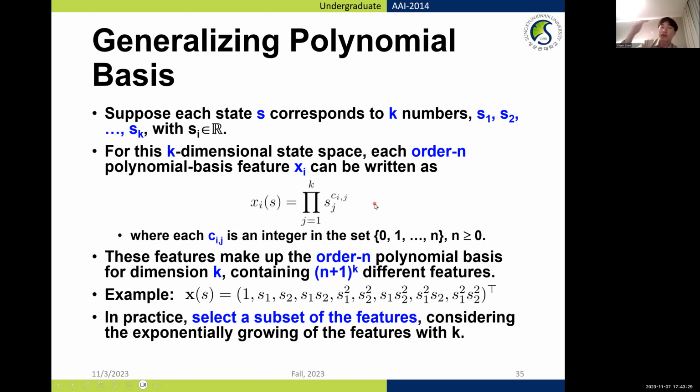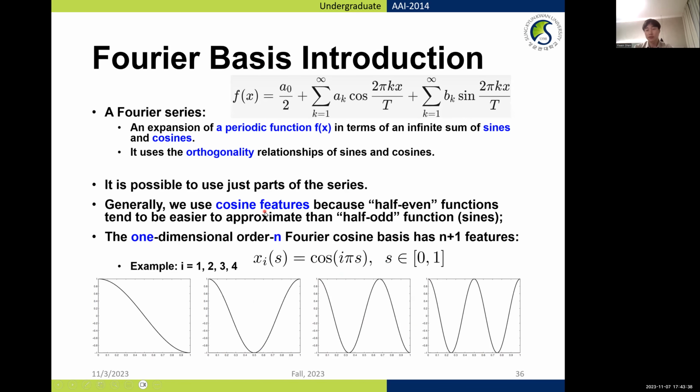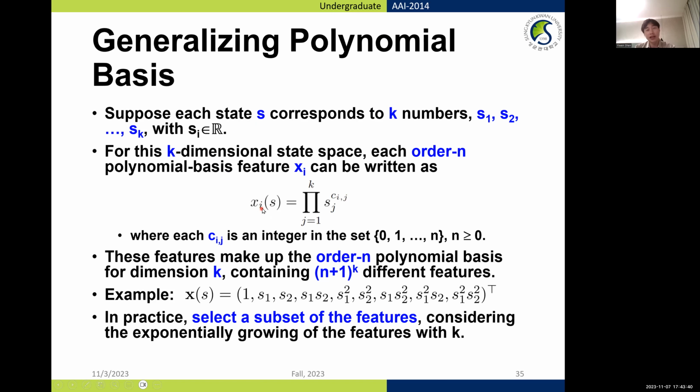This is what order you want to design for your features. So xi is one feature. If you have multiple features, x1, x2, x3, each of them will have a different combination of s from 1 to k. So once you define s1 to sk, a particular feature is some product of the state variables.